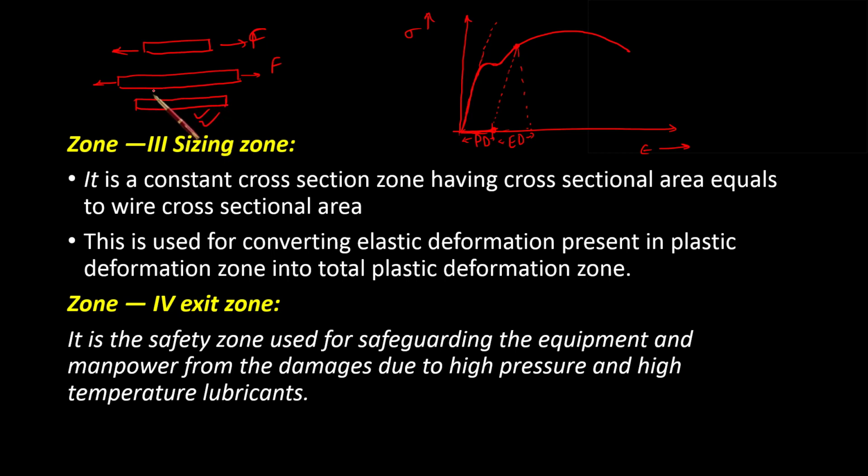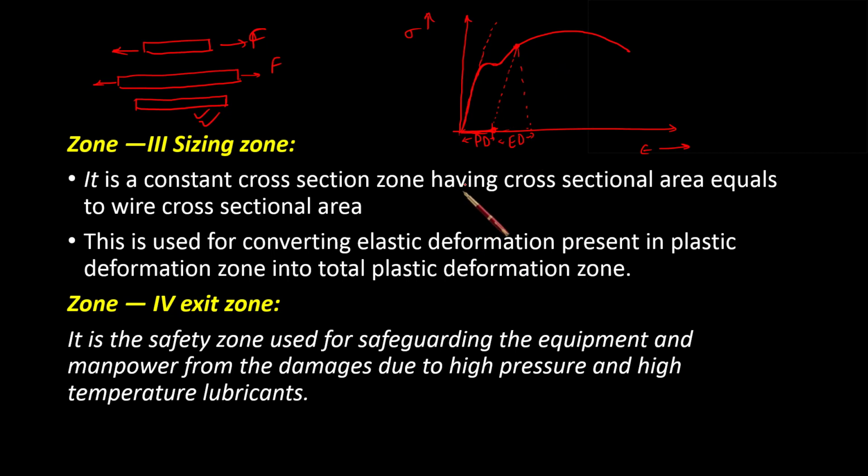Why did this happen? Why does it not remain like this? Because a certain elastic deformation is also included. Elastic deformation means as soon as the applied load is removed, the elastic deformation will disappear, right? So that is what happens here. Understood?